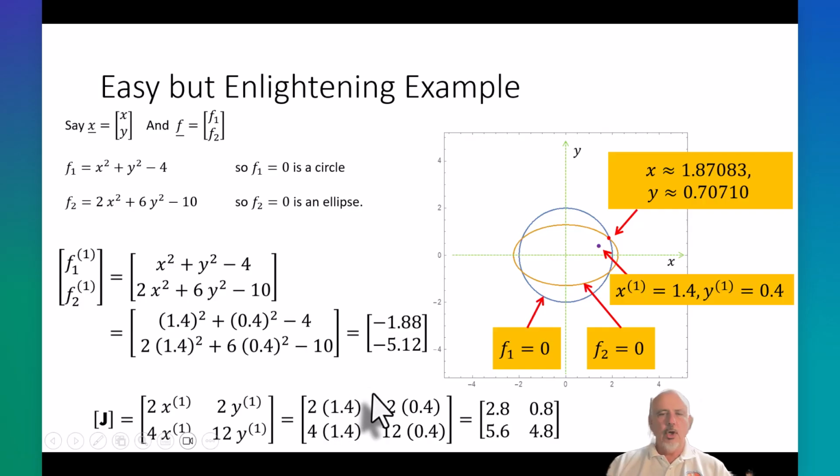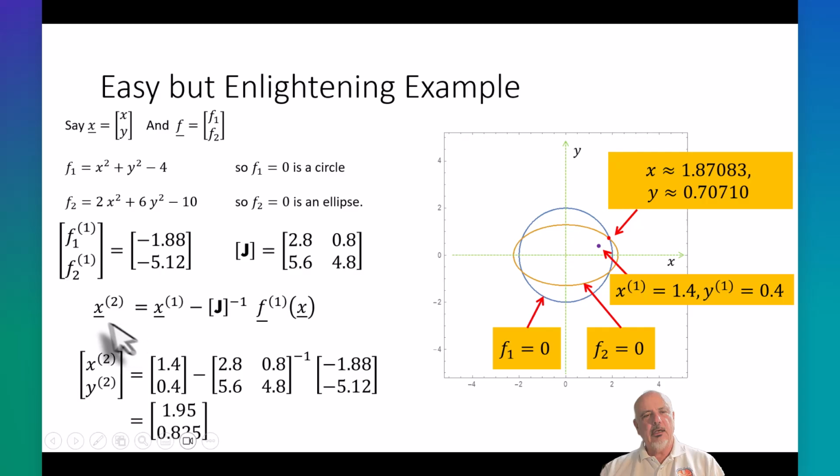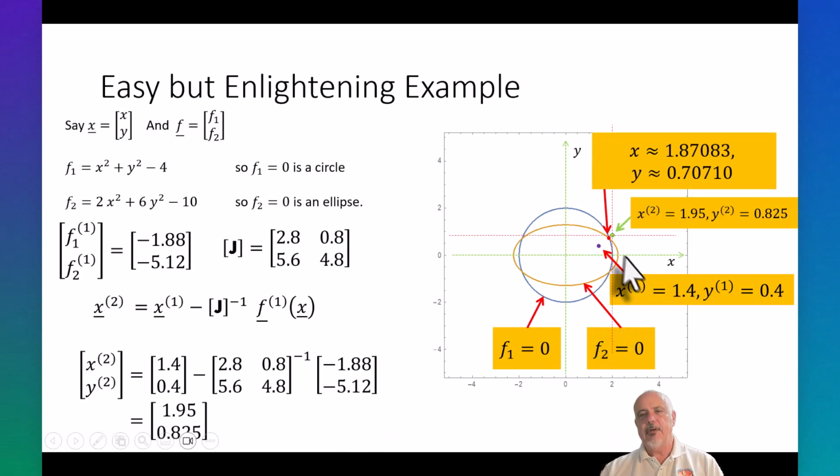And then we have our Jacobian. With the first iteration, we're putting in our 1.4 and 0.4, and then we get our Jacobian, and then we implement the Newton-Raphson iteration. We get our x2, the second step, and it's going to be the first step minus the Jacobian, this matrix inverted, times the current functions. I get that 1.95. It just kind of shot past a little bit, but then it comes back very quickly.